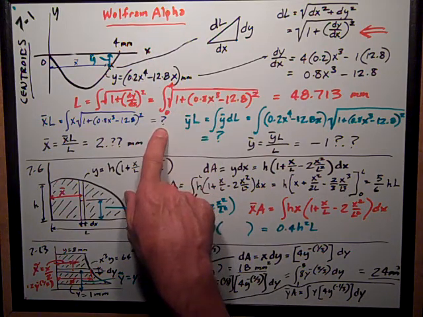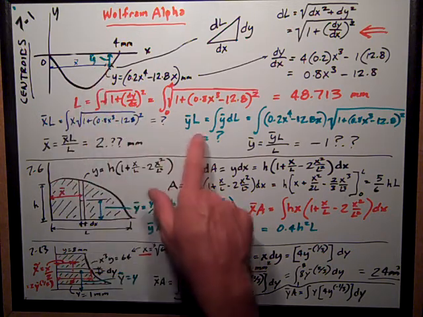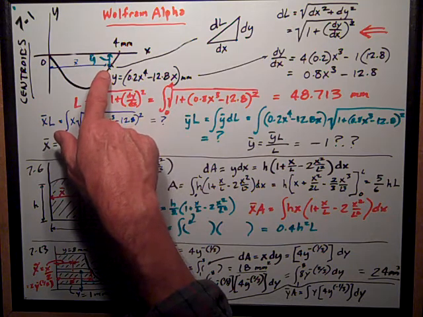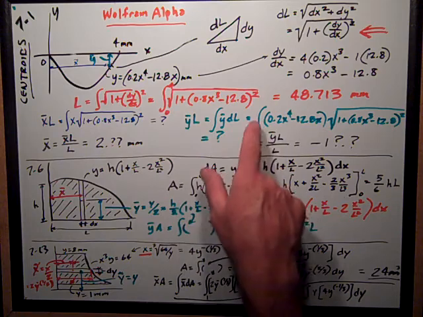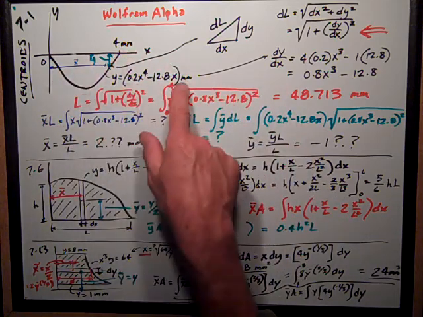Same thing with y bar L, where I plug in y bar of each little element dL, and that is equal to the y at any point along that line, which is this formula right here.